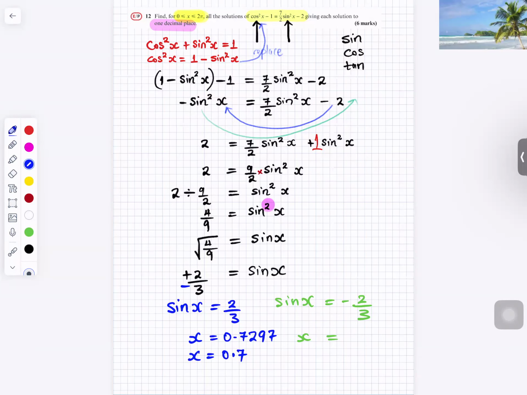And then you do the next one. Inverse sine of minus 2 over 3. Minus 0.7297. So to 1 decimal place it is minus 0.7.